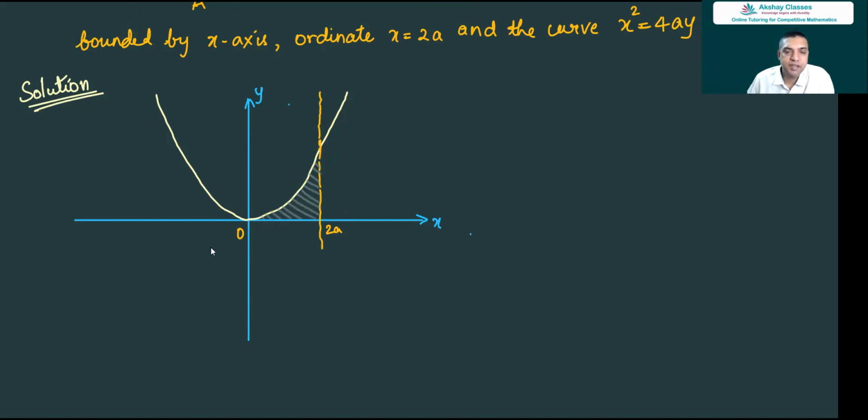So we have x1 is equal to 0, and x2 as 2a. Now this particular line is y1 is 0, and y2 is x square by 4a.